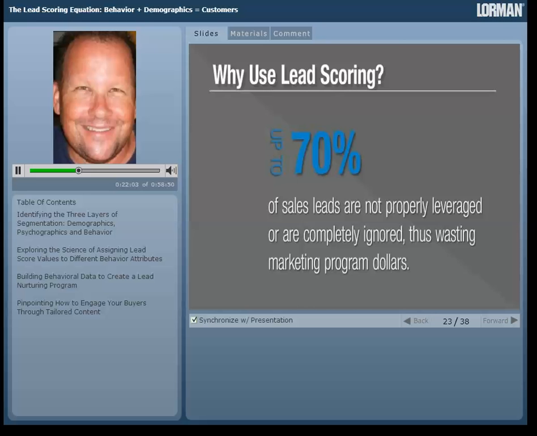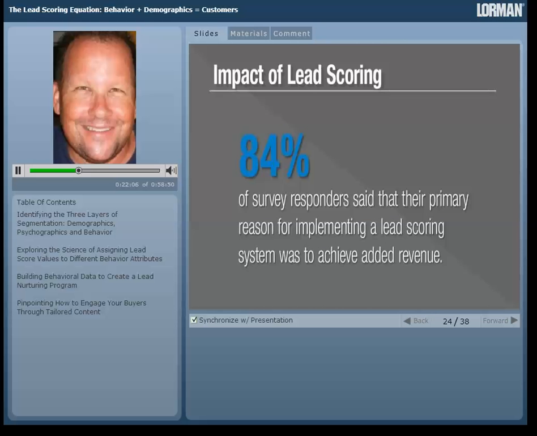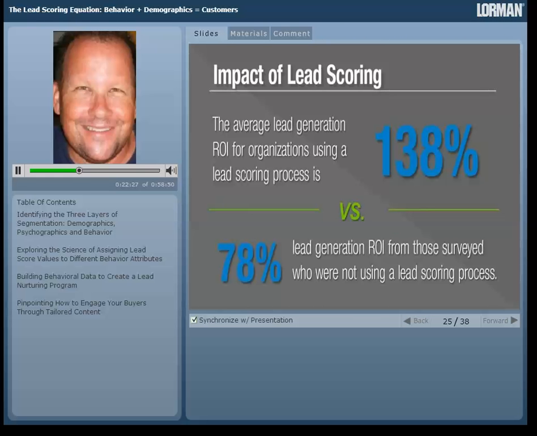And 84% of survey respondents, according to a Marketing Sherpa study, said that their primary reason for implementing a lead scoring system was to achieve added revenue. So it adds to the bottom line. It really does help to prioritize hotter leads, so those are followed up on first, and it increases your efficiency to closed-won deals. And then last but not least, the impact of lead scoring.